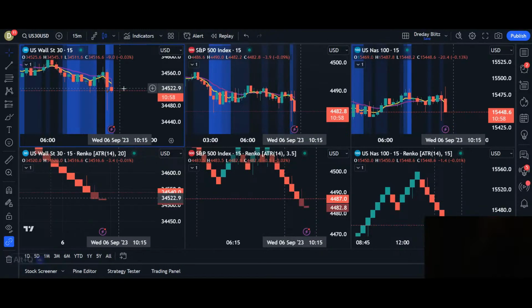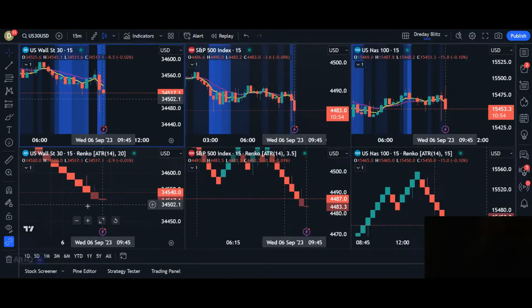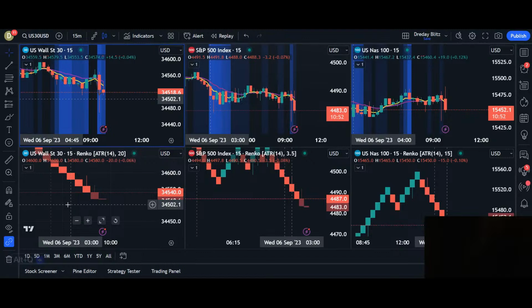So if you use the Renko bars, and you're trading your own setup, you're going to see a big difference in your trading, and you're going to be more profitable overall, because you're not going to be hesitating to remove yourself from the trade, even though your analysis is really good and you know exactly where the price is supposed to go.